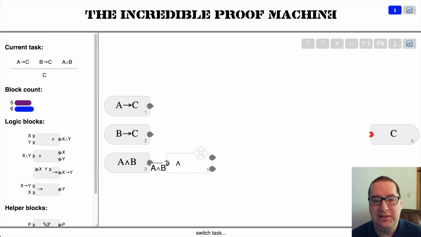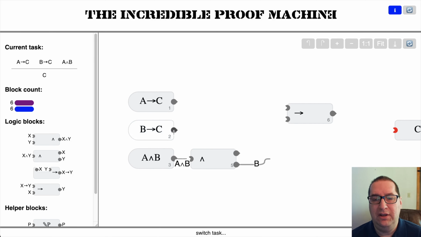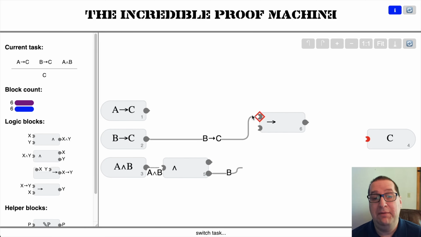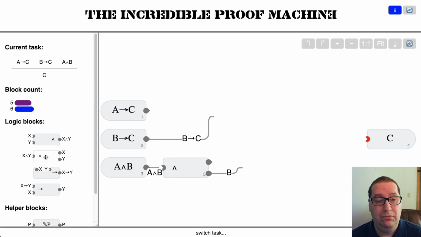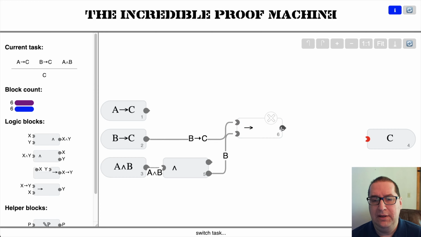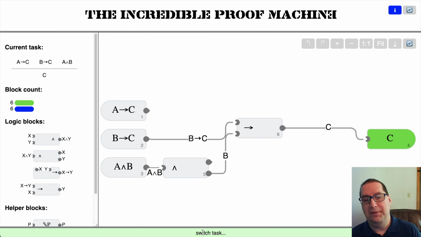So we're going to eliminate the and, which gives us B. Right. And then we're going to eliminate this B implies C implication. And it implies A and B, so we can do either. I picked the wrong block, did I? Oh, there, that's right. B, C. Great.